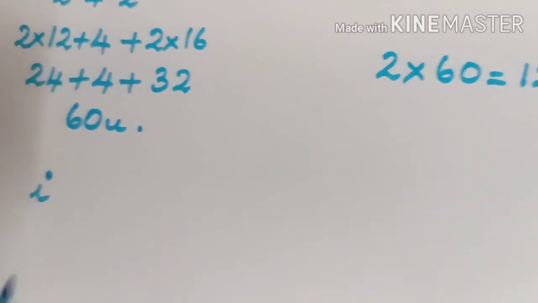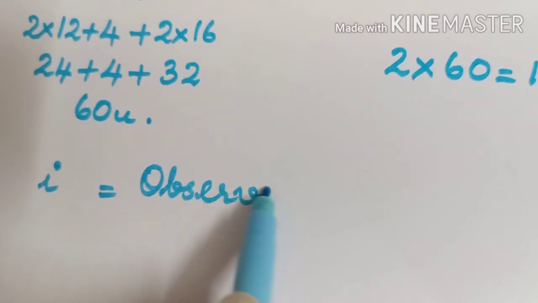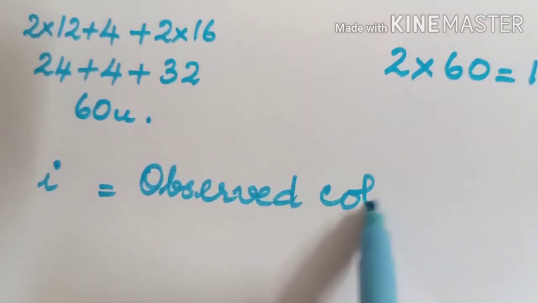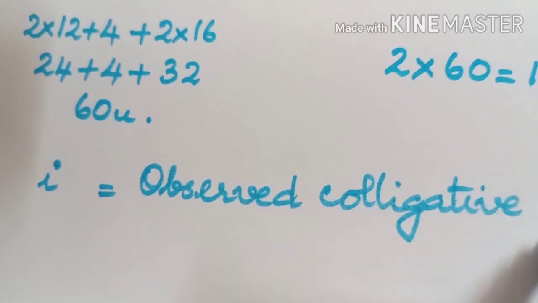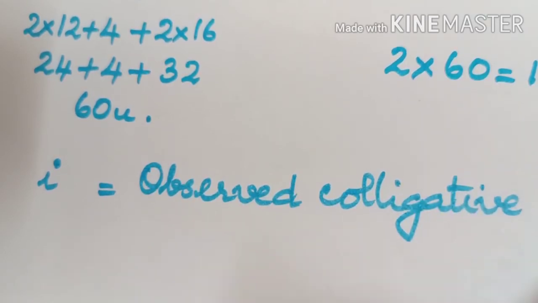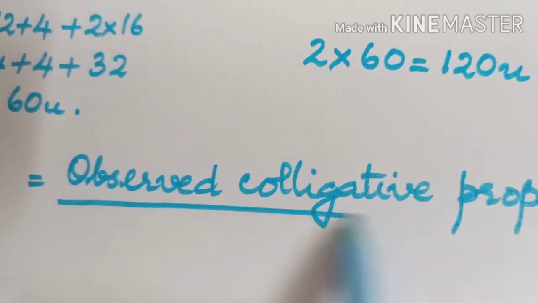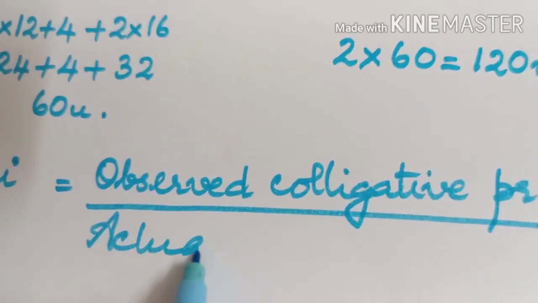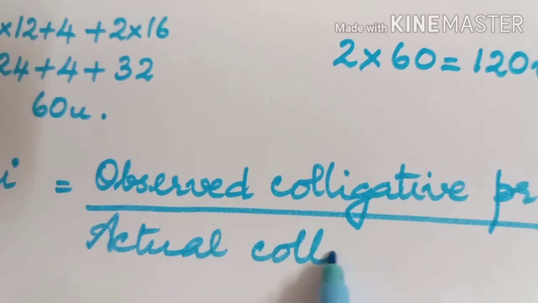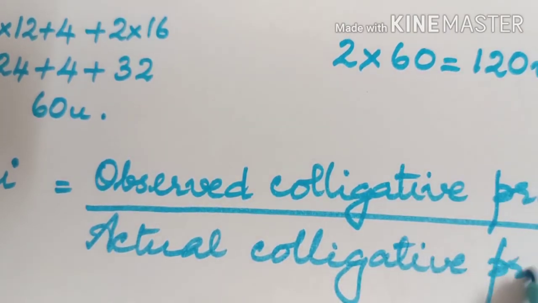It is nothing but the observed colligative property divided by the actual colligative property.